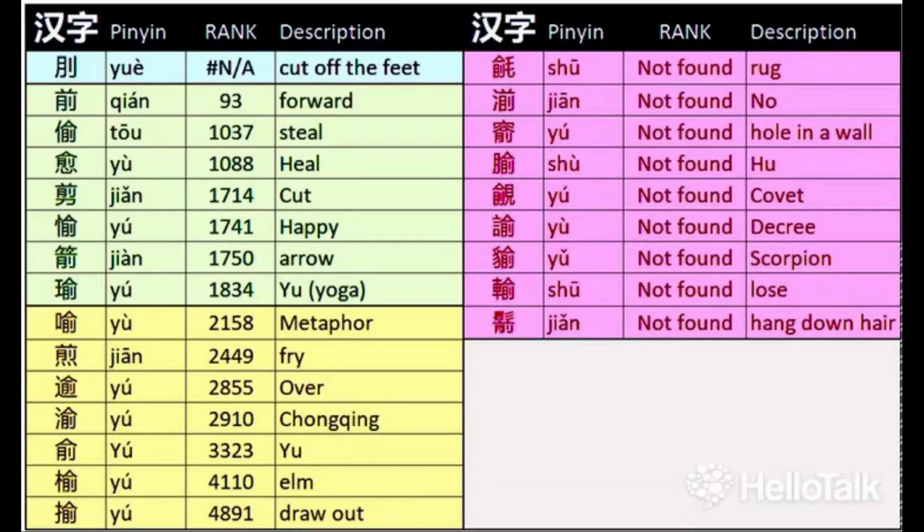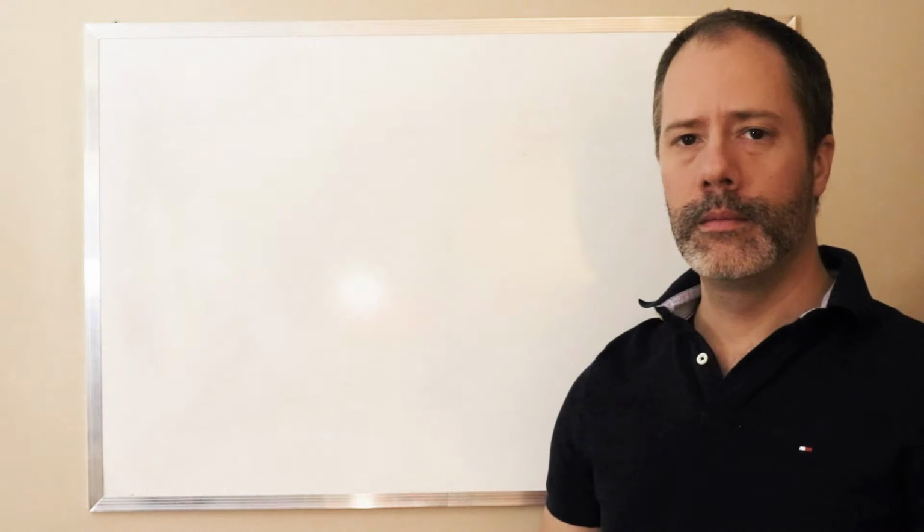The yellow ones are in the top 5,000, but not in the first 1,000. And the red ones are not in the top 5,000, so I will not even look at them. If there is a yellow one that I know is interesting, I will take it, but I will not insist. Really, I will insist on the green ones.